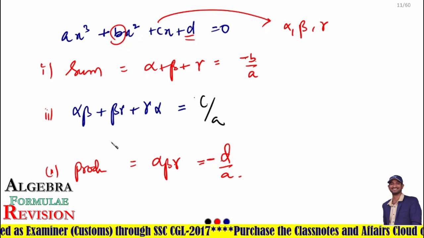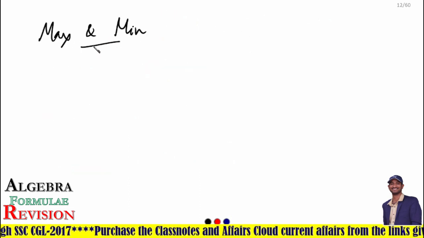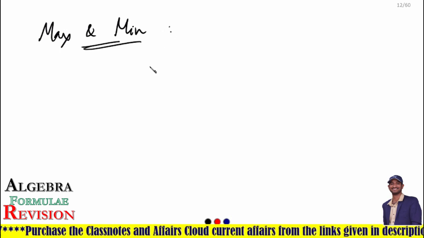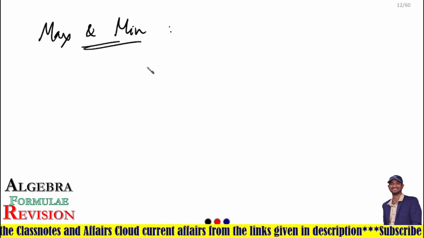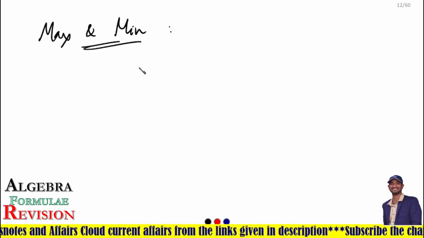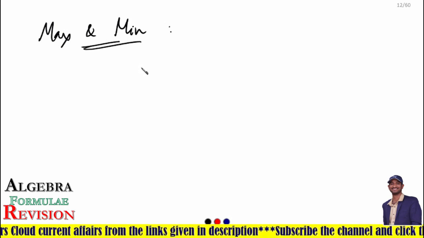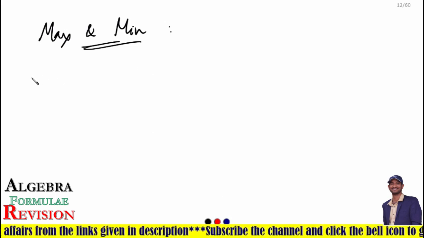Is it clear? Next we have maximum and minimum. Maximum and minimum questions can be asked in quadratic expressions and also in expressions having degree more than 2. But here you have to remember a few points.